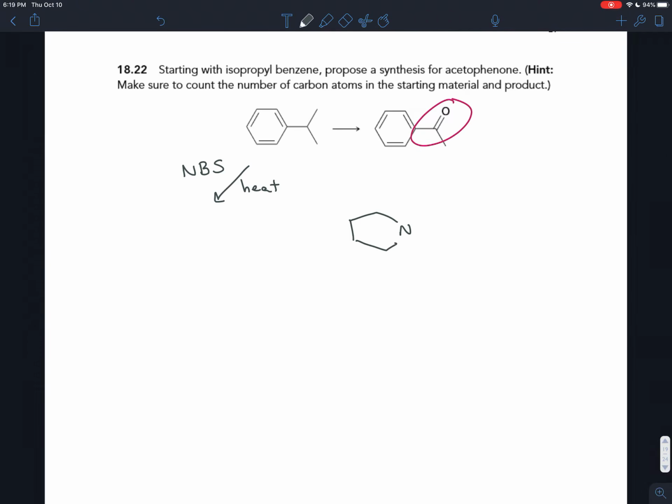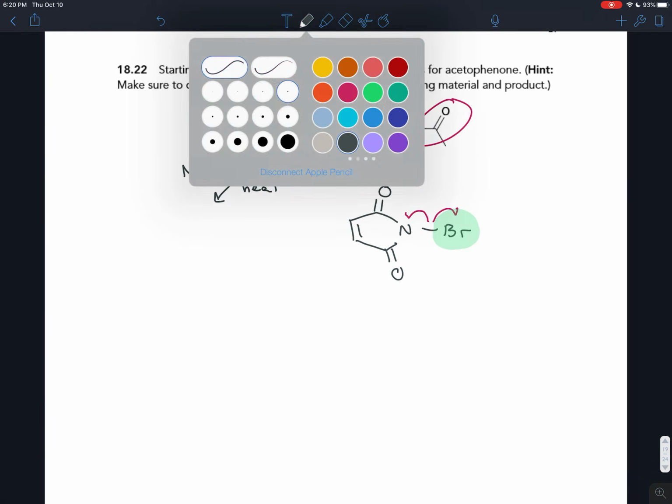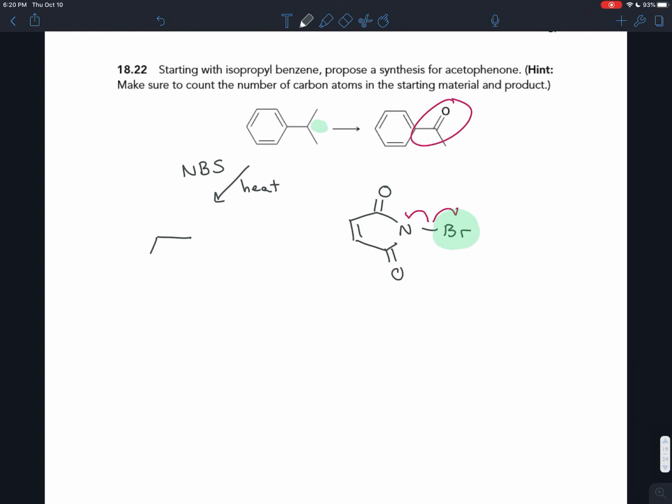N-bromosuccinimide is that molecule, looks like this. If you heat it up enough, or if you shine light on it, that bond breaks homolytically and you end up getting two radicals. The bromine radical steals the hydrogen off there, forming a radical, and a second bromine radical swoops in and combines with the radical you formed on that carbon.